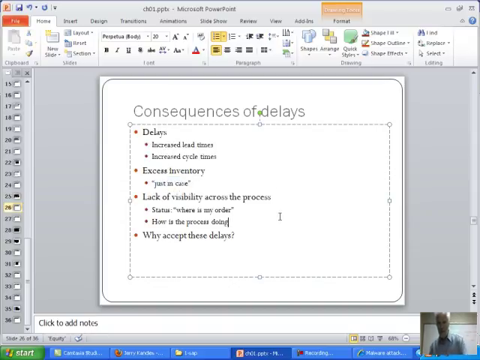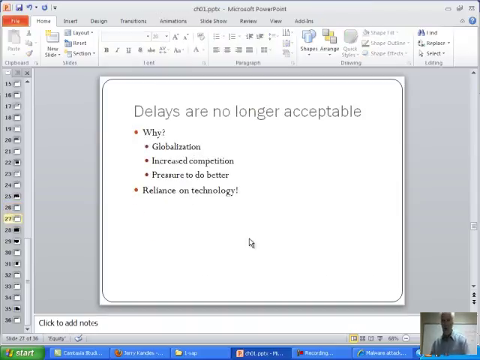Another big problem is that one functional area really didn't know what was going on in another functional area. So there's this lack of visibility. You don't even necessarily know where the process is. If it stalled, where did it stall? A lot of time was wasted just trying to figure out where these delays were. Delays are no longer acceptable because these companies are so big.